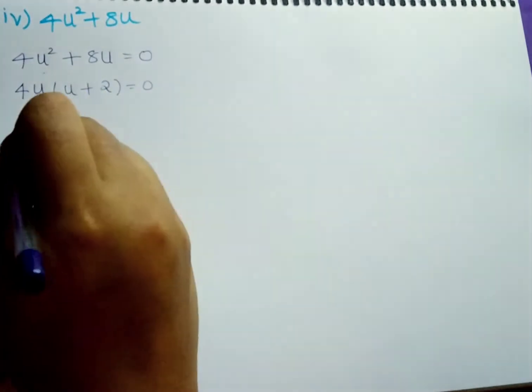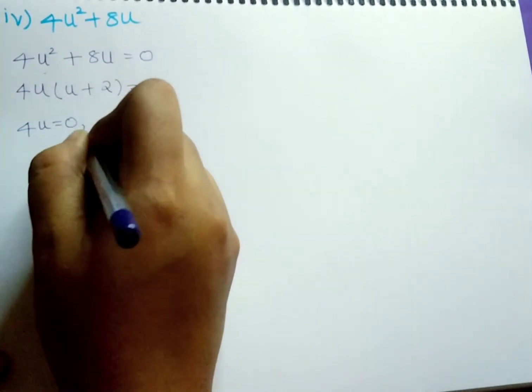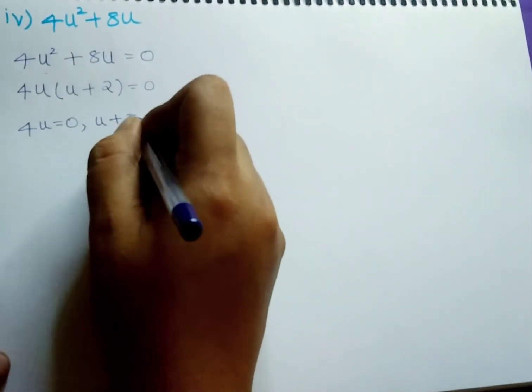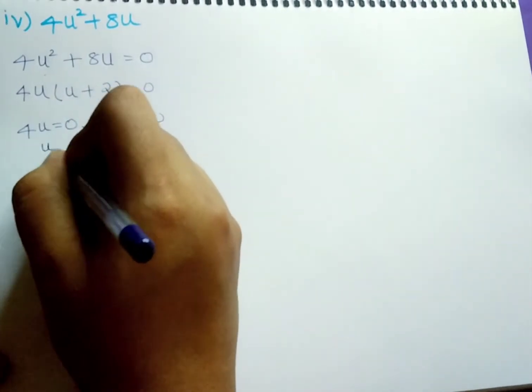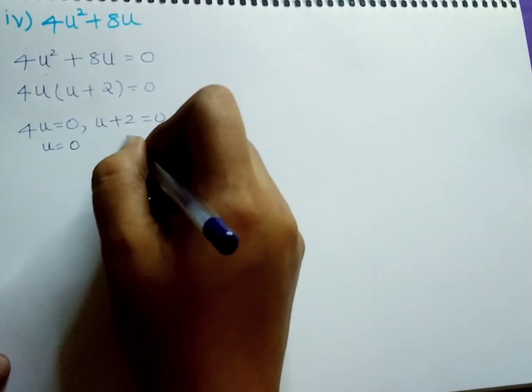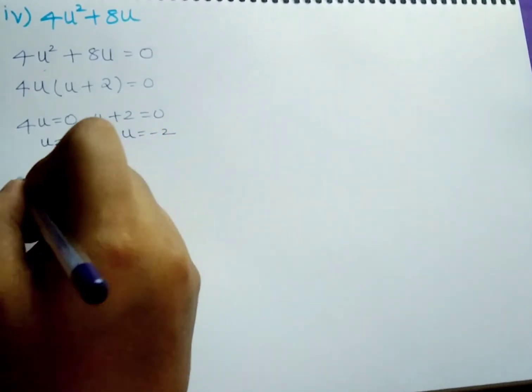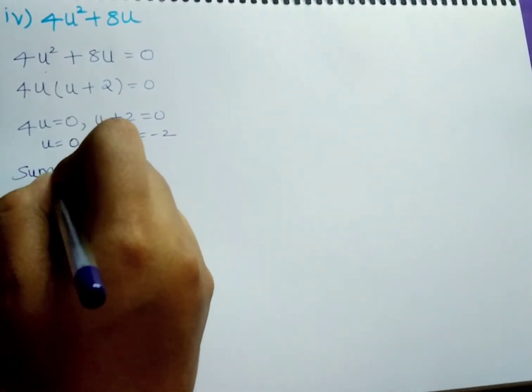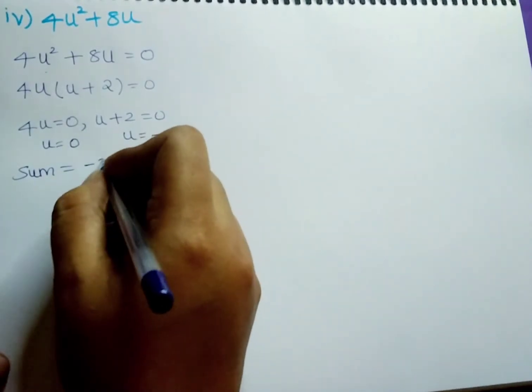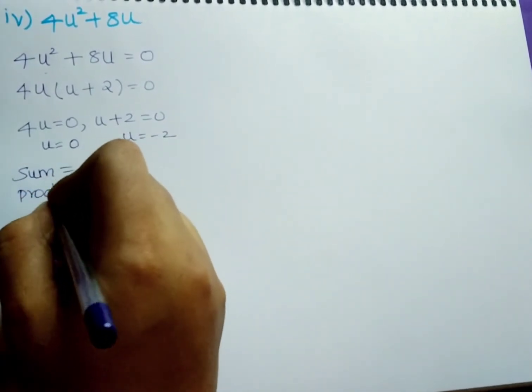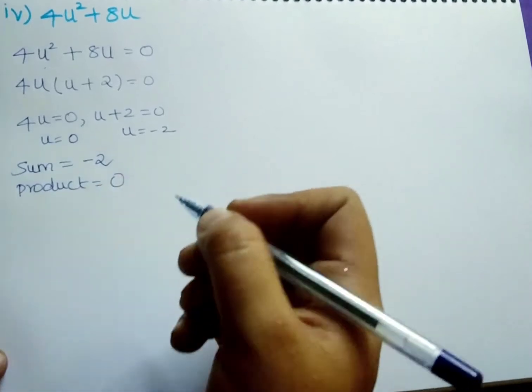When we equate separately, 4u equal to 0, and u plus 2 equal to 0. So we get 0 by 4, 0. Here u plus 2 equal to 0, u is equal to minus 2. So when we add, the sum of zeros will be 0 plus of minus 2, it is minus 2, and product, 0 into any number is 0.